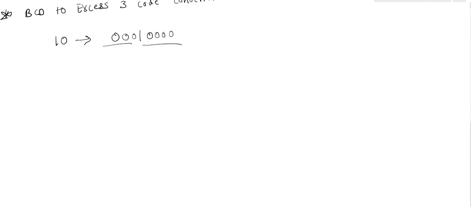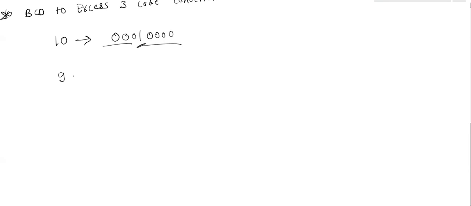This is the BCD number of 10. Now when I want to represent the value 10 in the truth table, I would need 5 bits. But I am not going to use 5 bits, I am going to use a 4-bit BCD value.